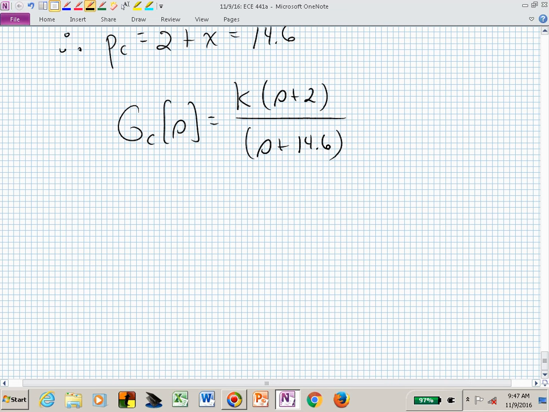But K we know how to adjust, right? We crank it up until we get right to that point of minus 2 plus j2 on the root locus, because we fixed that to be on our root locus by the choice of our 0 and pole of our controller. And now we just have to remember how to compute the gain.